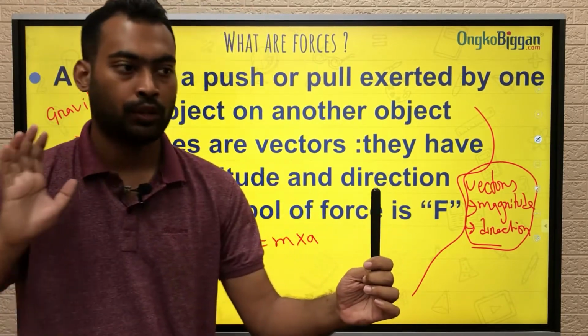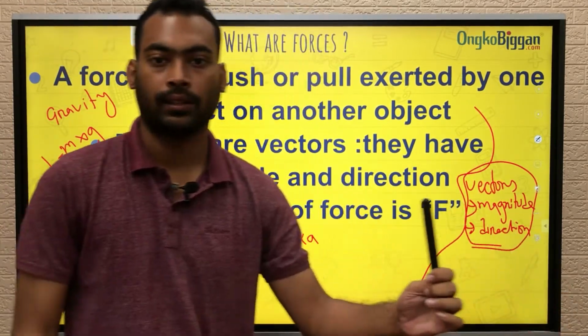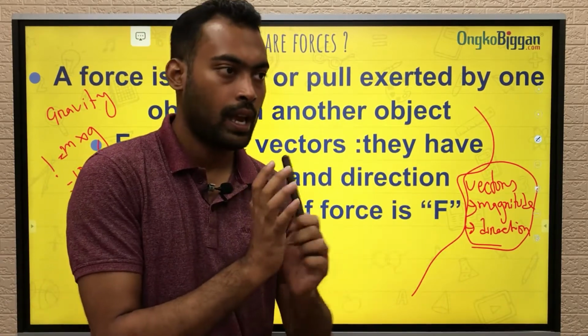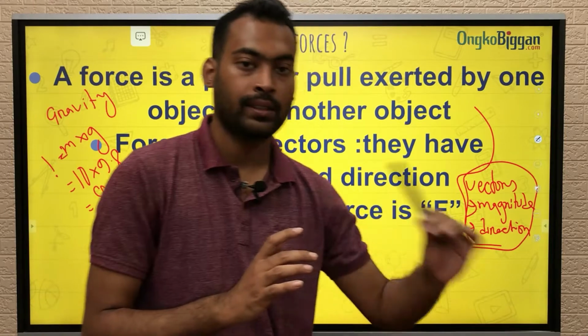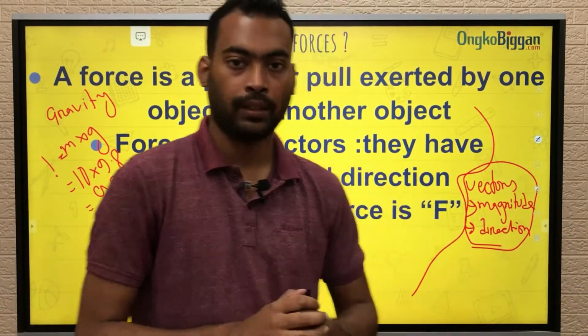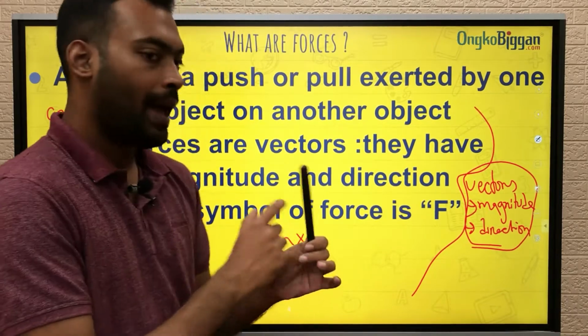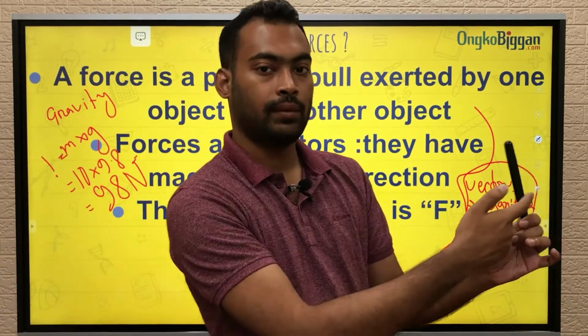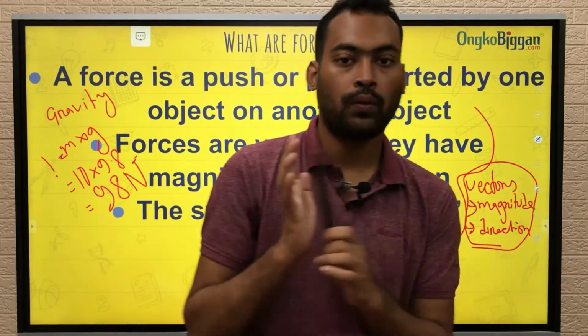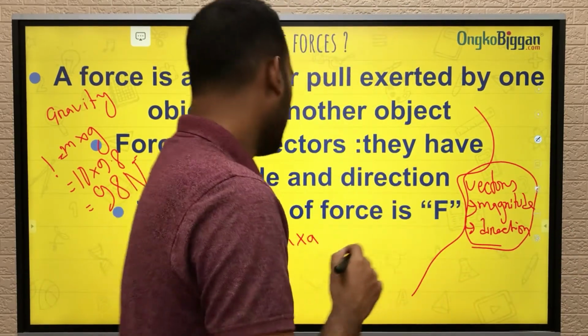Say I am pushing this object with a certain force, and the object gets an acceleration due to the force applied. So the mass multiplied by the acceleration that the body will have is equal to the force I applied.